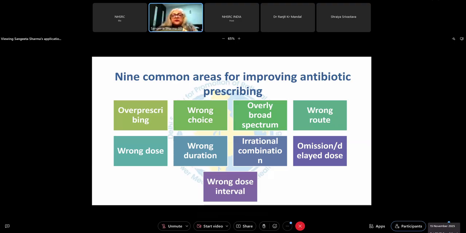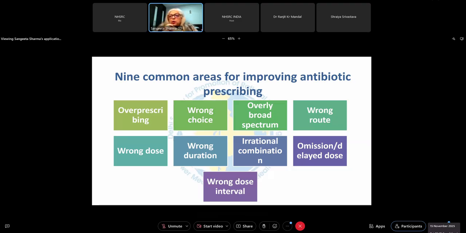Overprescribing, for example, for viral illnesses, upper respiratory tract infections, watery diarrhea. We all know mostly 90% of these are because of viral infections.